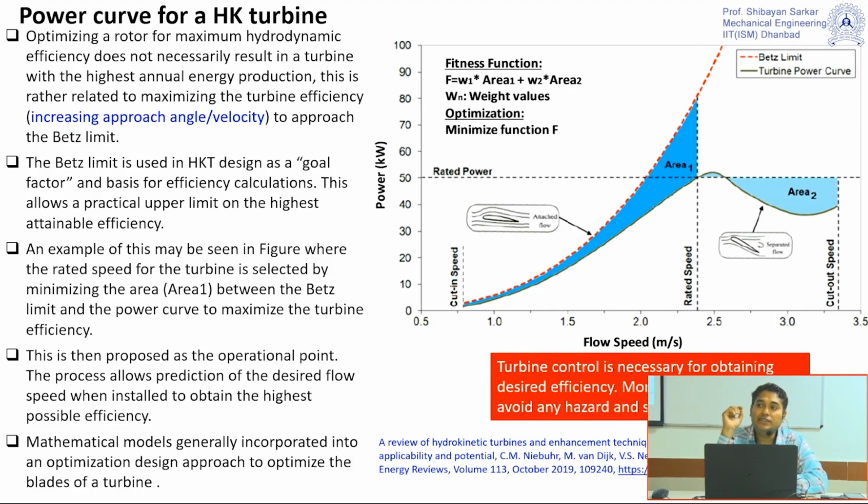So when in general we do some optimization calculation for a particular turbine, we give the objective function in such a manner that we calculate this area and represent it through an equation, and then we try to minimize that equation value with certain constraints. So this is the optimization structure, which will be associated with some variables.